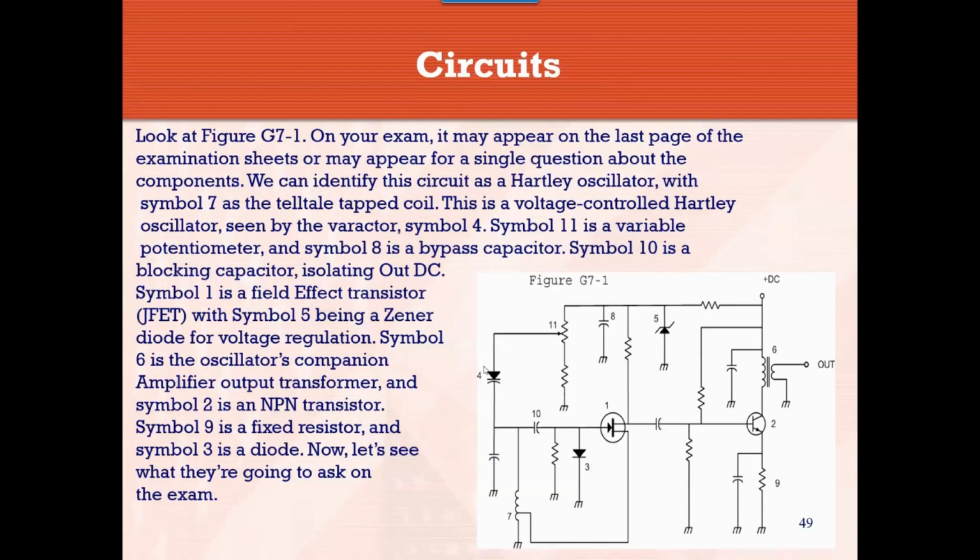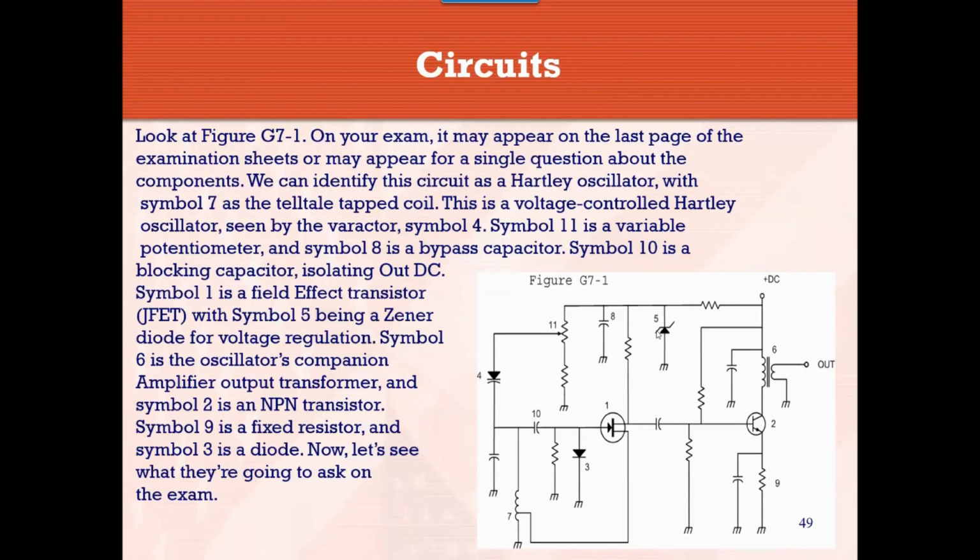That capacitance, essentially in series with this little tap coil down here, creates a type of tank circuit. And then by changing the capacitance, I can change the output frequency of this oscillator. That's what that's all about. So that's called a varactor diode, V-A-R-A-C-T-O-R, varactor diode.